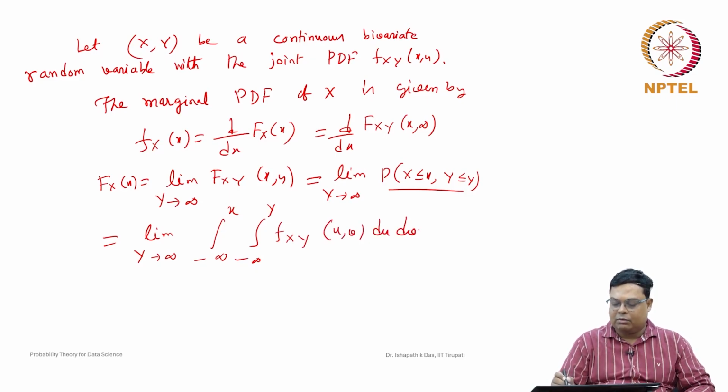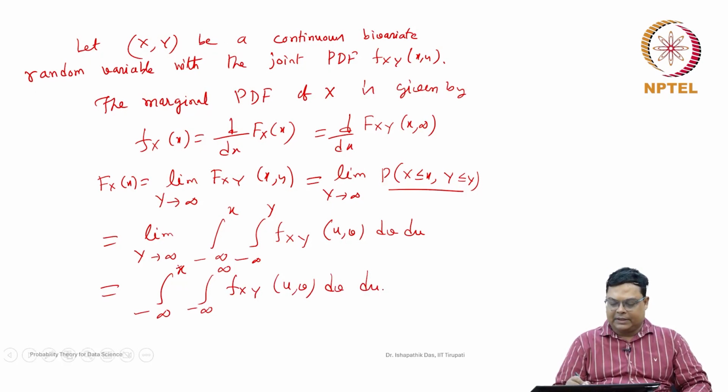Suppose we do the integration with respect to v first, dv du. Then, taking y to infinity, we integrate from minus infinity to plus infinity f_XY(u,v) dv and then du. So, this is your F_X(x).